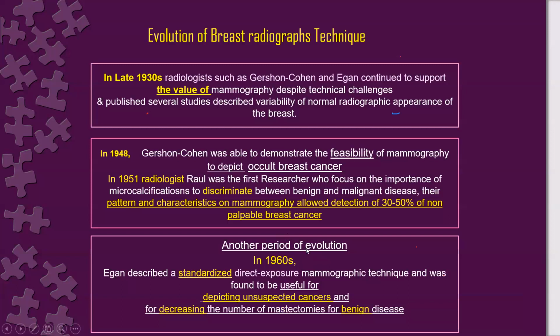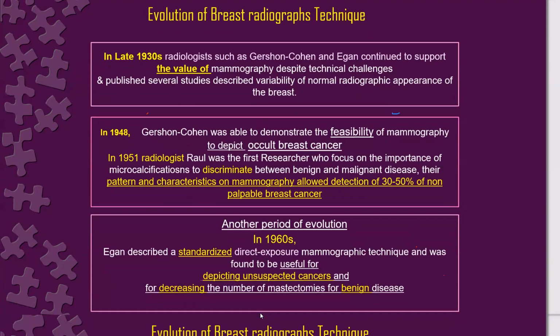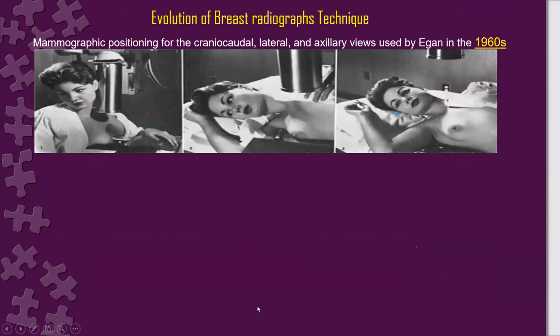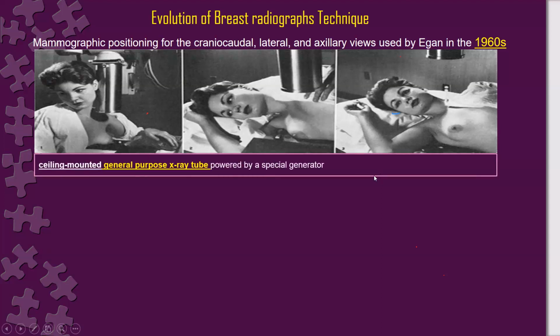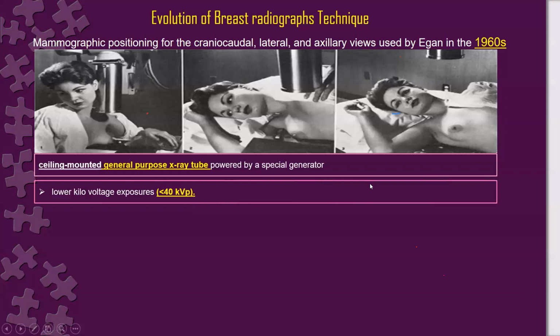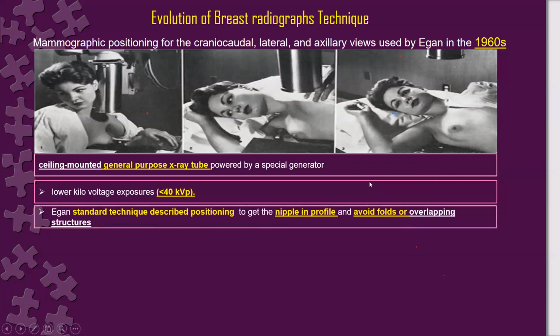Another period of evolution in the 1960s described a standard direct exposure mammographic technique, which was found to be useful for depicting unsuspected cancer and for decreasing the number of mastectomies for benign lesions. And this is the Egan technique. He was using general purpose X-ray with lower kilovoltage, less than 40.